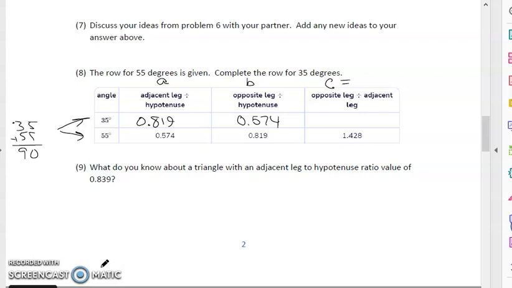Is there a way of using the A and the B answer to come up with the C answer, since the first two columns use an opposite and adjacent leg with no hypotenuse in that final column?